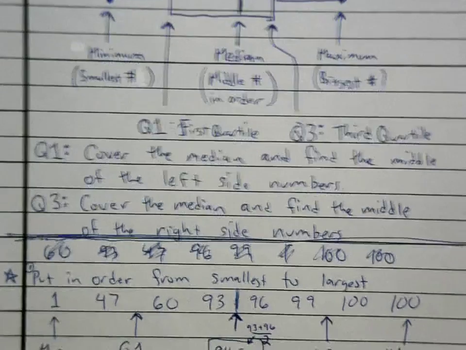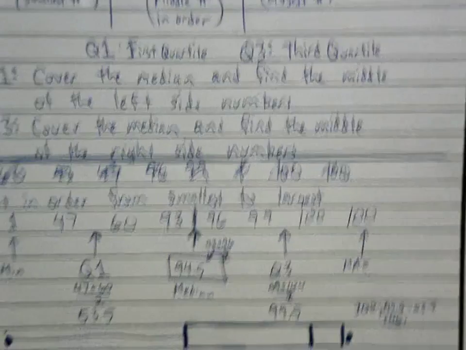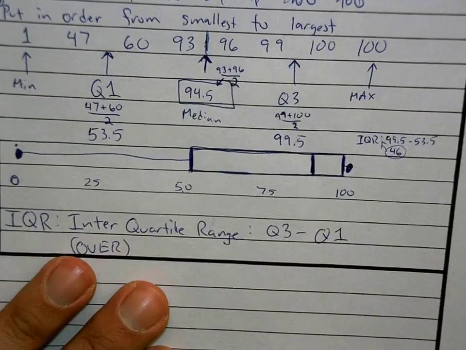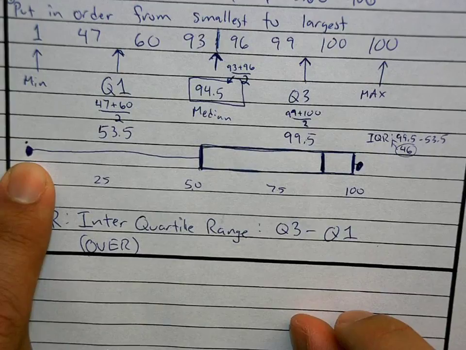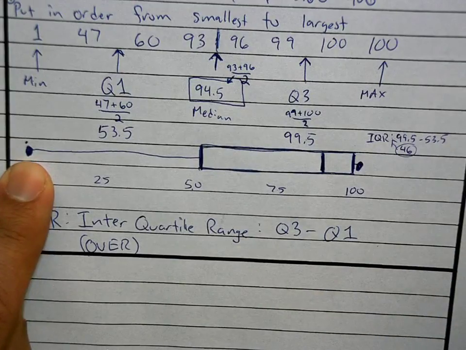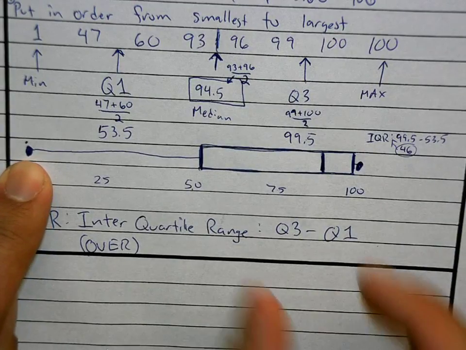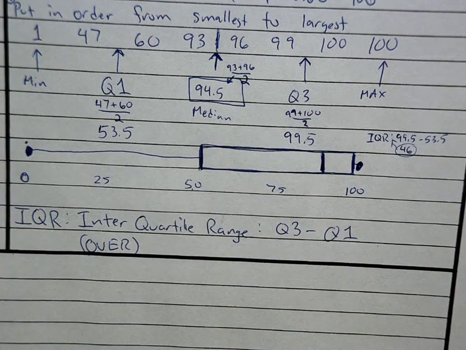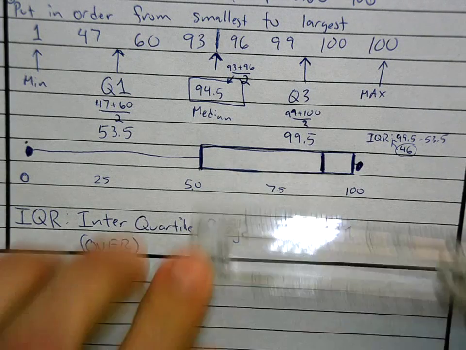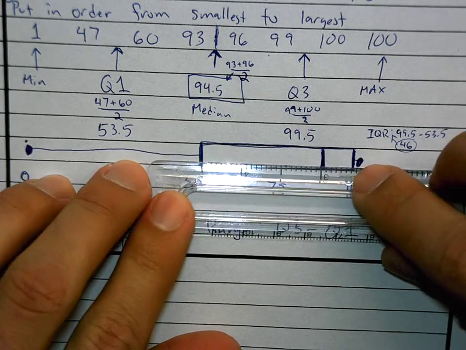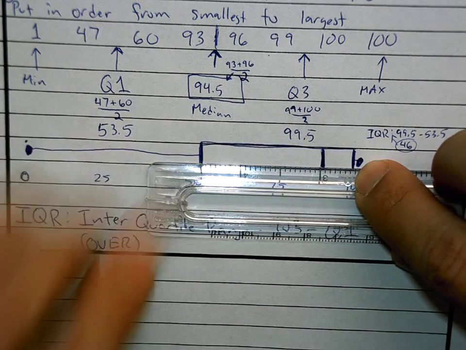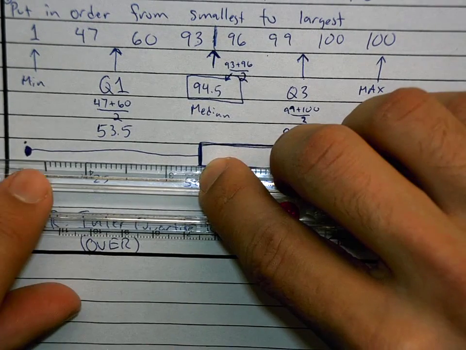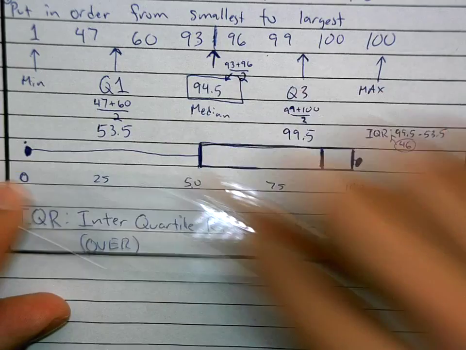Remember how Connor told us that he had a 1% on the last test? He's here. Is he more than 1.5 times away from the box? Let's look at this. If I were to take my ruler and see this, it's from here to here, is it more than 1.5 away from the box?